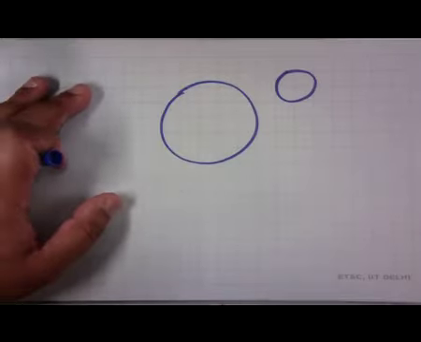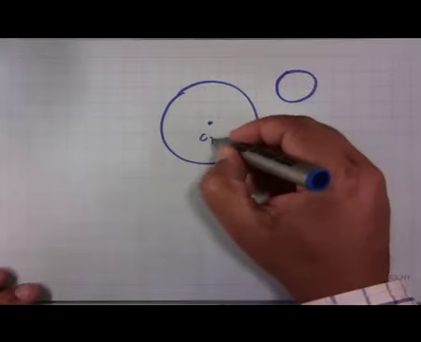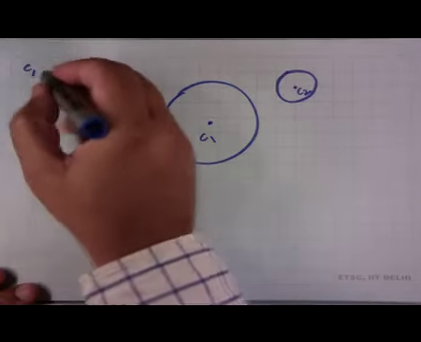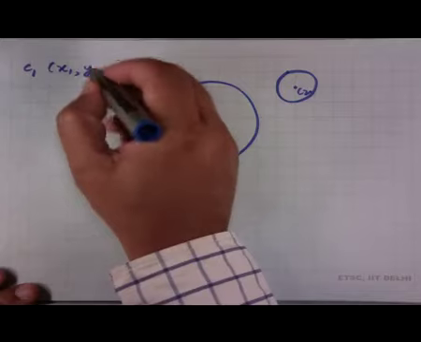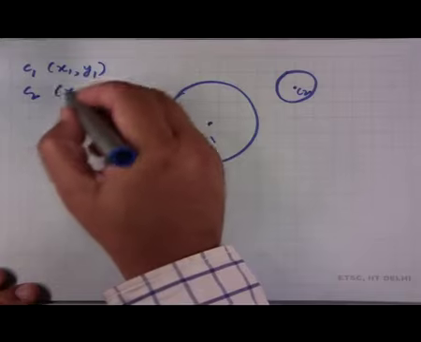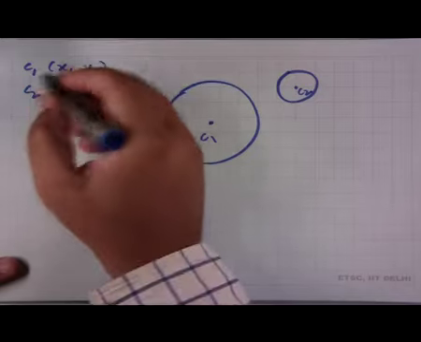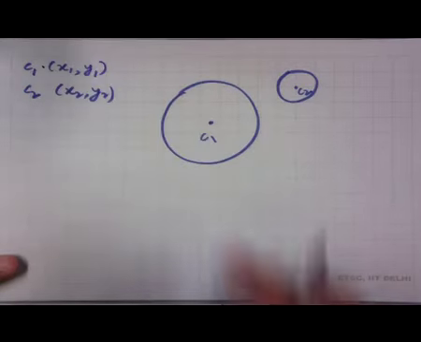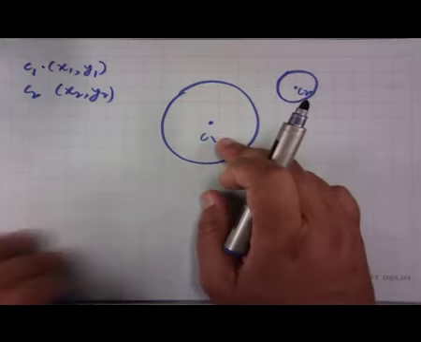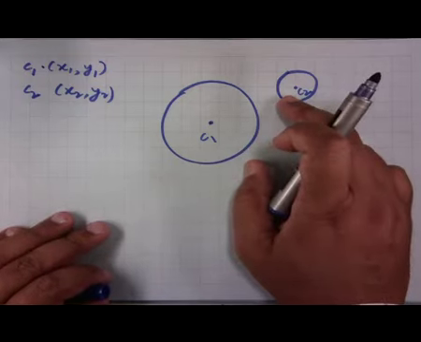So, let these be the 2 circles with center C1 and center C2. C1 has coordinates x1, y1, C2 has coordinates x2, y2, and let the radius of the first circle with center C1 be R1 and that of the other circle with center C2 be R2.